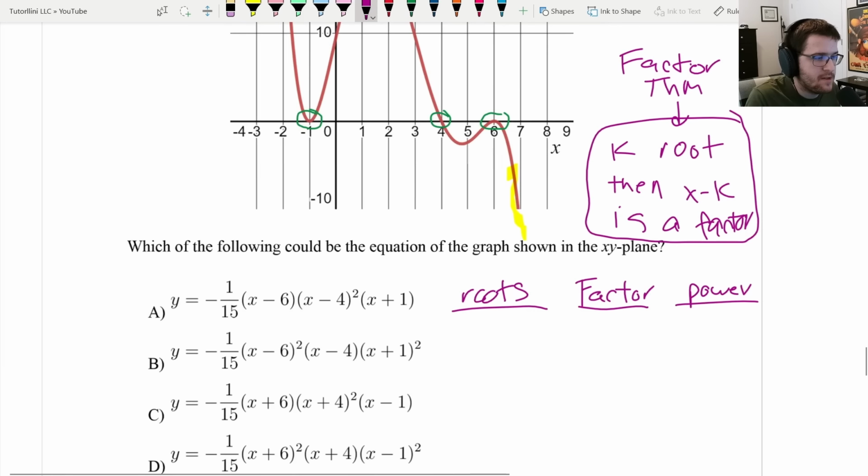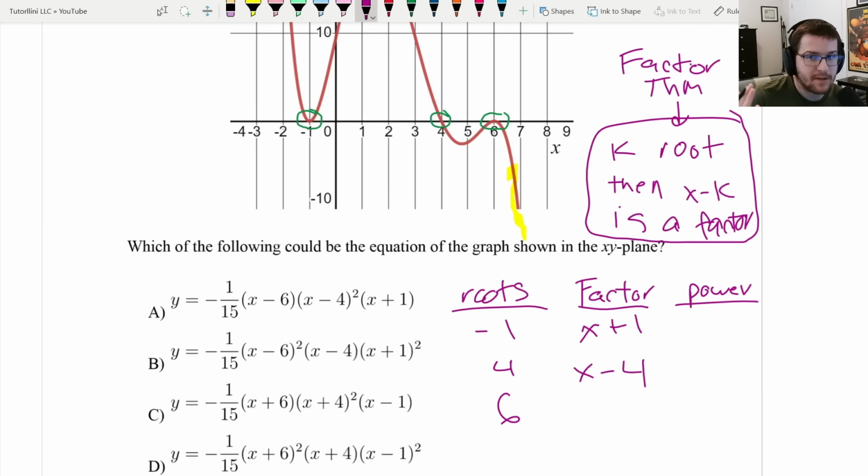Then we're going to do x minus the root. So x minus -1, that's just x plus 1. x minus 4 is just x minus 4. And x minus 6 is just x minus 6.